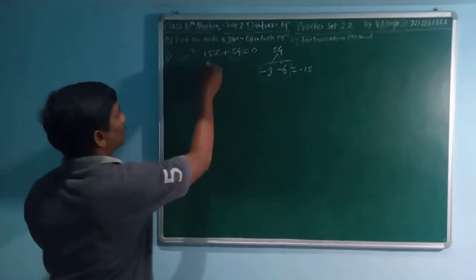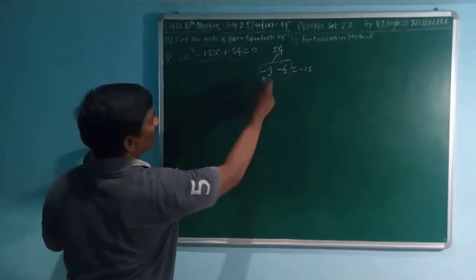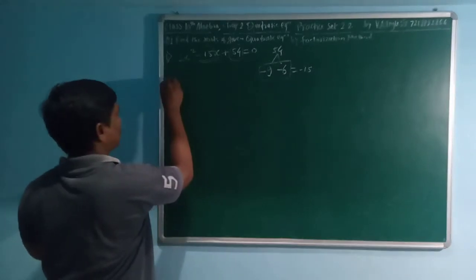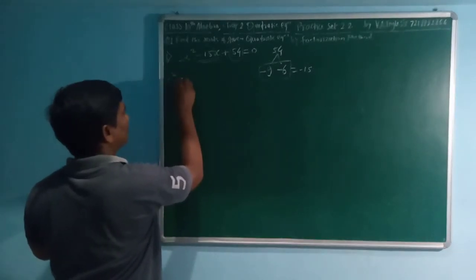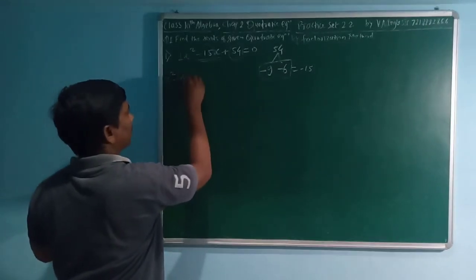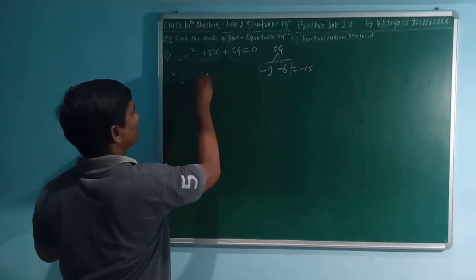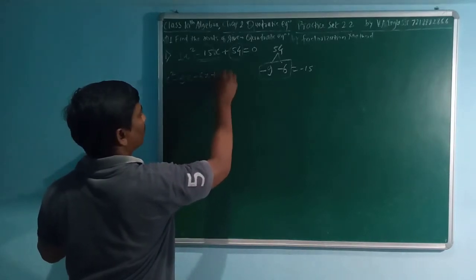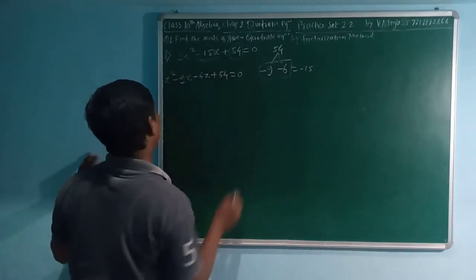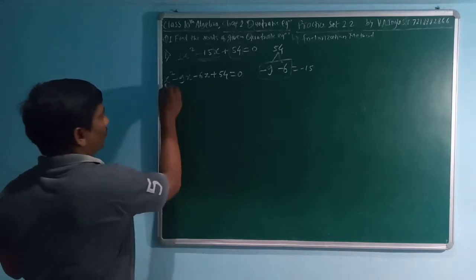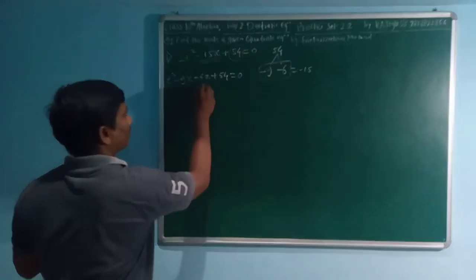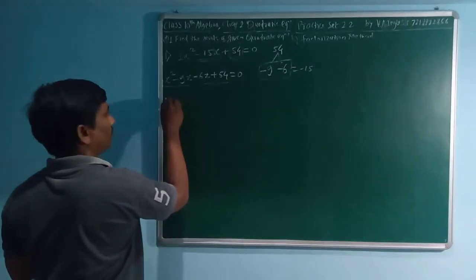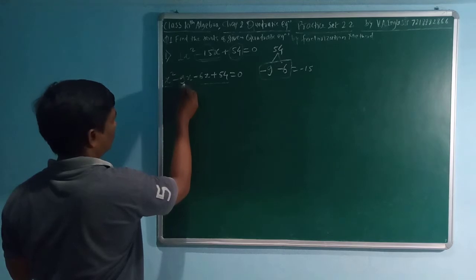Now just replace minus 15x by minus 9x and minus 6x, so that the equation will be like this: x square as it is, minus 9x, minus 6x, plus 54 equals 0. Now from this pair and from this pair, take out whatever is common.